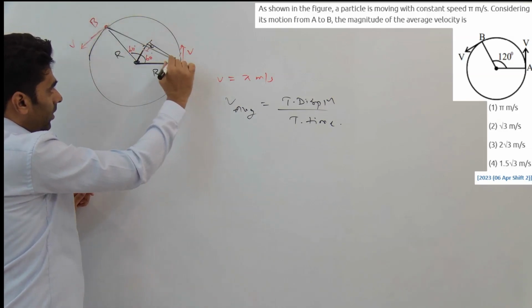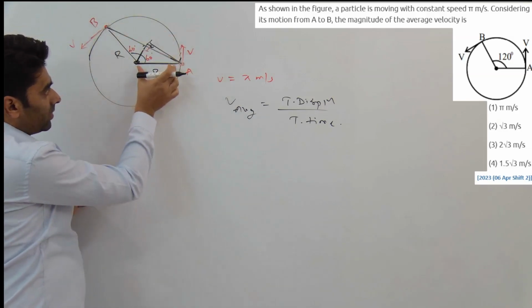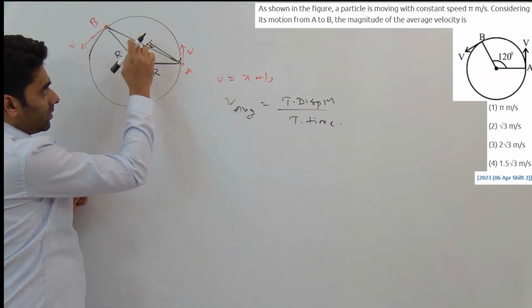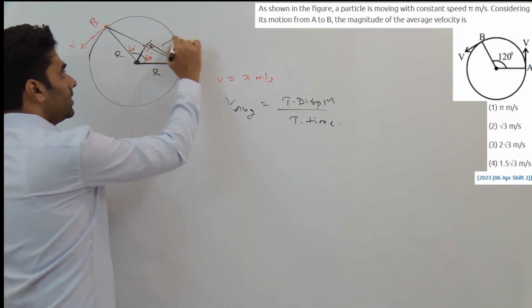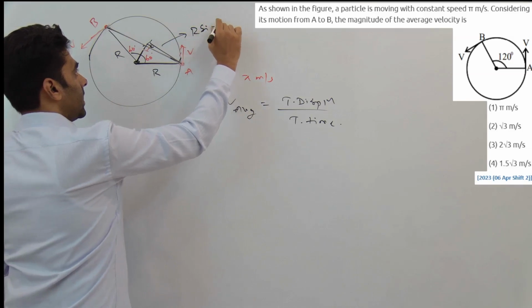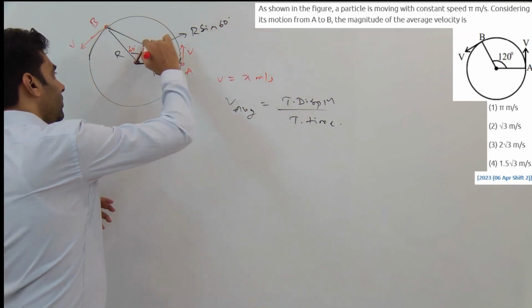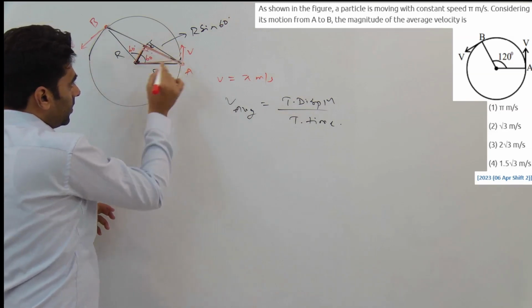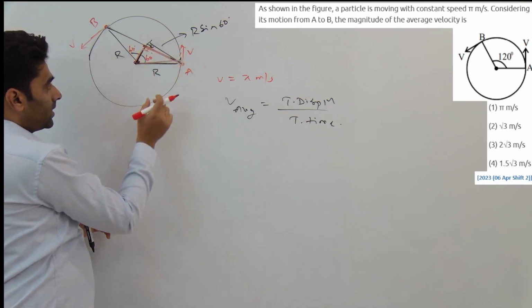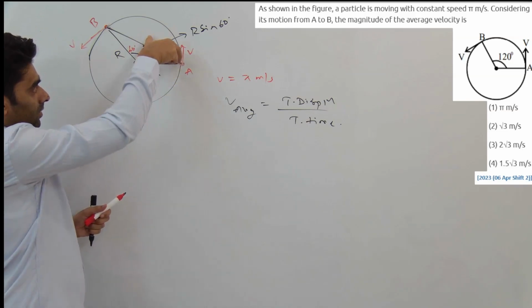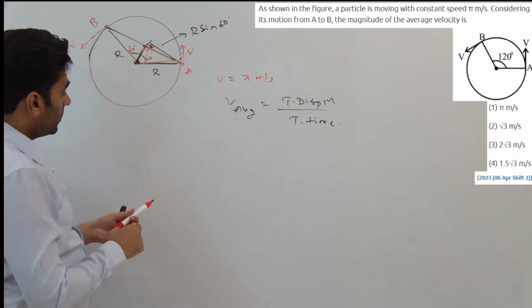If this is R, this distance will be R cos 60 and this distance will be R sin 60. I hope this is clear. Take a look at this triangle carefully. This is R, this angle is 60, this will be R cos 60, this will be R sin 60. What is our AB distance?